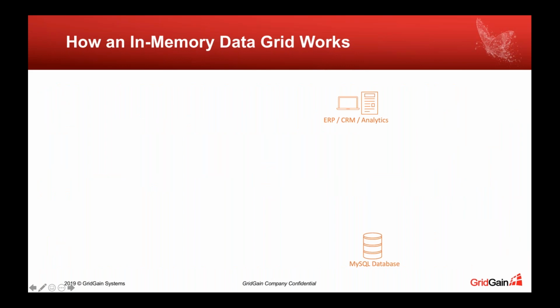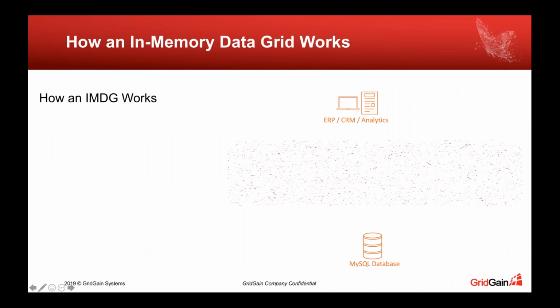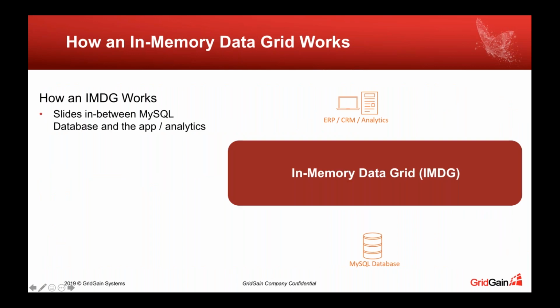The best of the in-memory data grids will be able to easily slide in between your application and your database and look like a SQL database. So there's some that are key value where you have to rewrite the application and rip out your SQL to have this read-through, write-through cache pattern, not a cache-aside pattern, but something that sits in between the path of all the transactions and the queries.